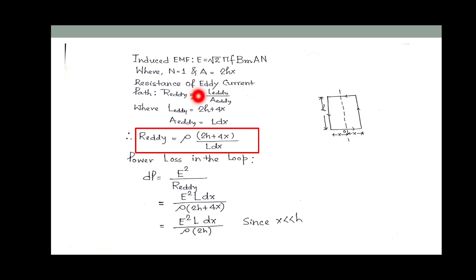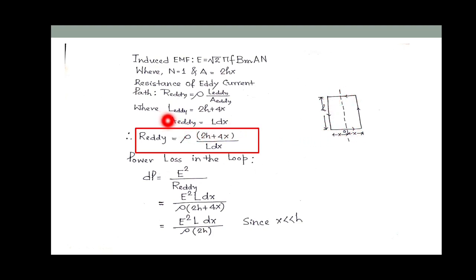Now resistance of eddy current path: this current will flow around this. So this length of current flow will be h plus x plus x plus x plus x.